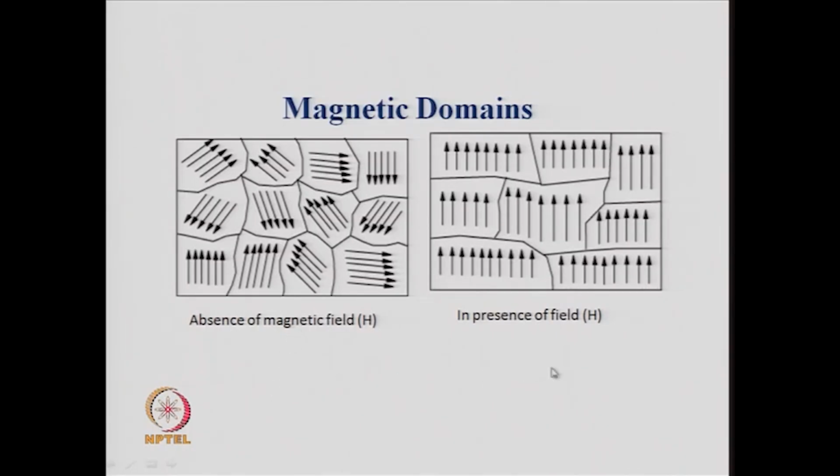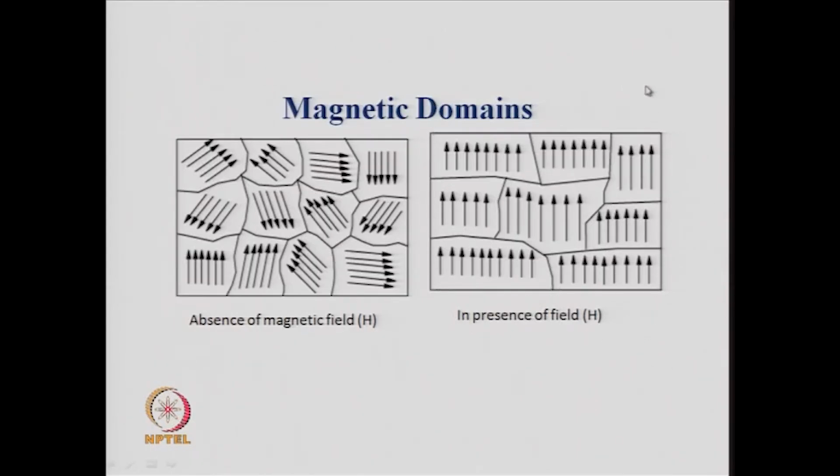Only when you apply a magnetic field, which is called magnetic poling, that you first time when you apply a magnetic field to a material which is a ferromagnet, these domains which have net magnetic moment in different directions will now all get aligned, because of the presence of the magnetic field in this direction.